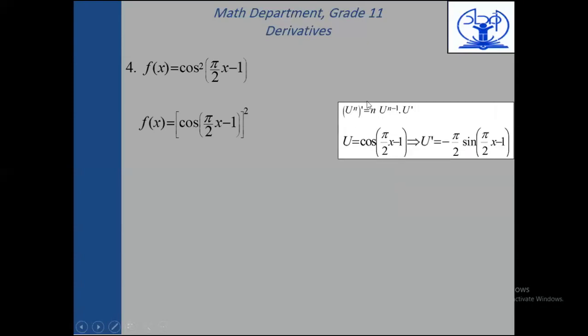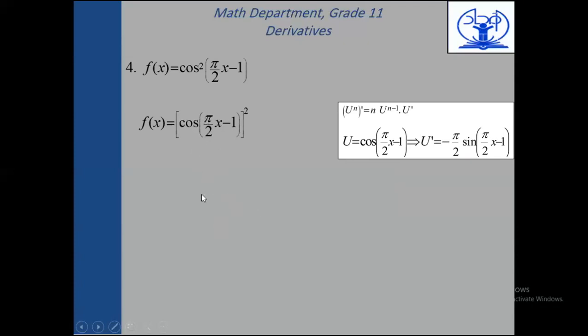So the derivative of u to the n is n. First of all, you need to drop the exponent. You subtract 1 from the power. Then you have to multiply by the derivative of u. This is cosine u itself. So the derivative will be minus sine u times u prime, which is pi over 2.